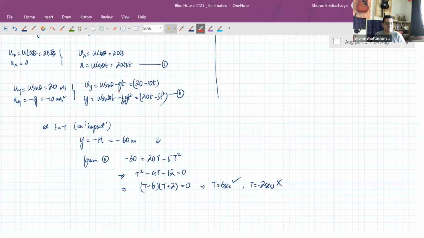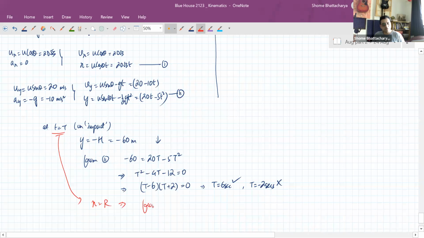So now we can see that at this particular time, the value of x is equal to the range. Okay. So from equation 1, you can see that R will be equal to 20 root 3 into capital T. Substitute this here. So the range is 120 root 3, or you can approximate that as 120 into 1.73, whatever that final value comes out to be in meters.